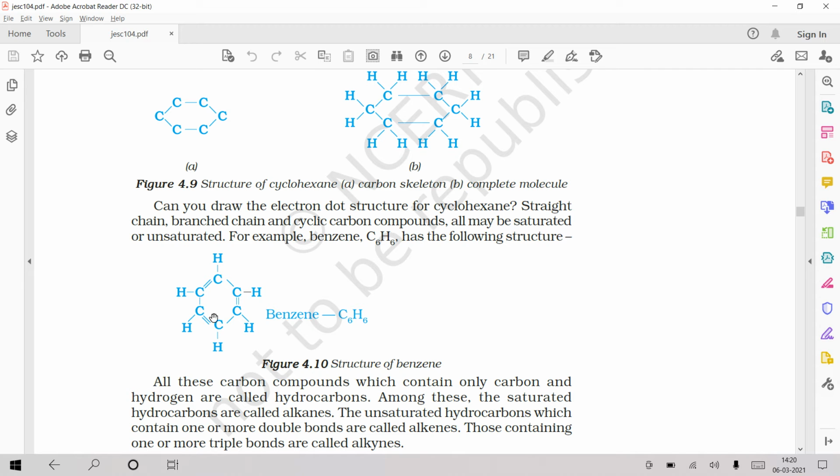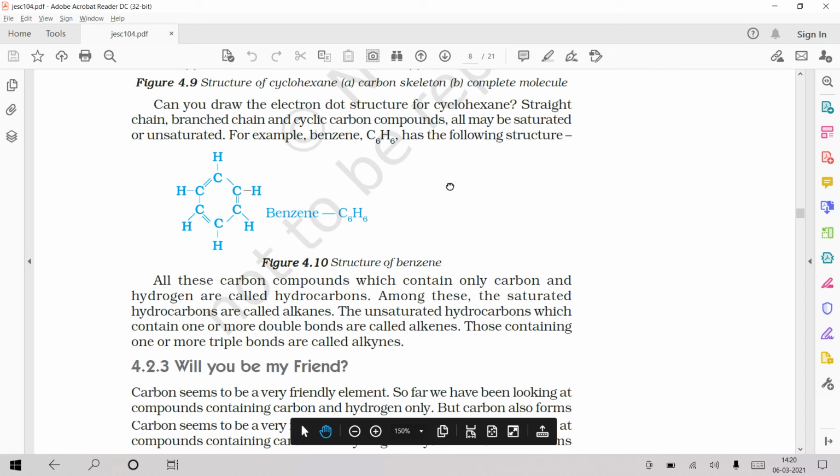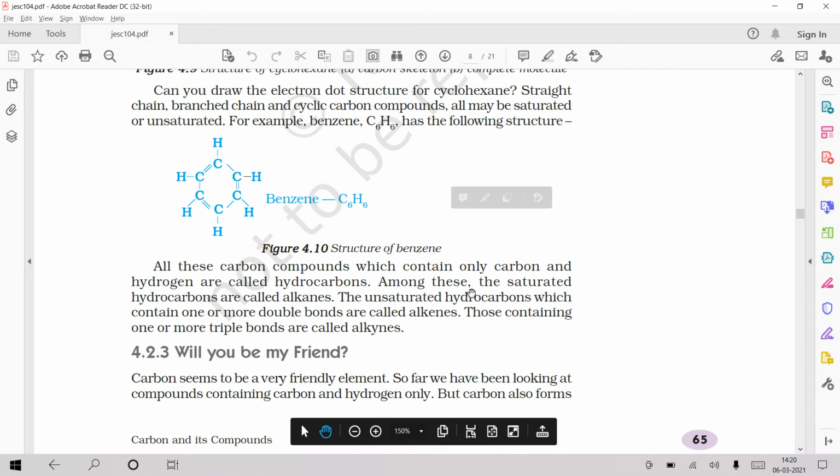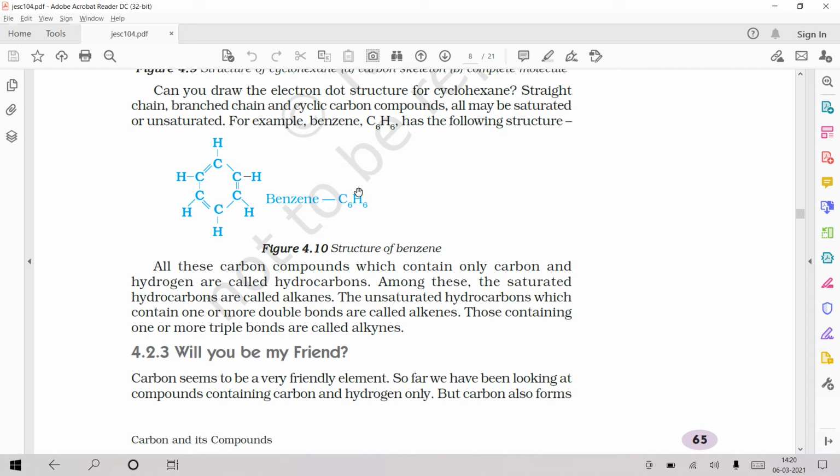So single, double, single, double, single, double. So this is an aromatic hydrocarbon. We will be learning in higher classes, and it is the base unit for aromatic hydrocarbons called benzene. Benzene, C6H6. All these carbon compounds contain only carbon and hydrogen. So they are all called hydrocarbons.